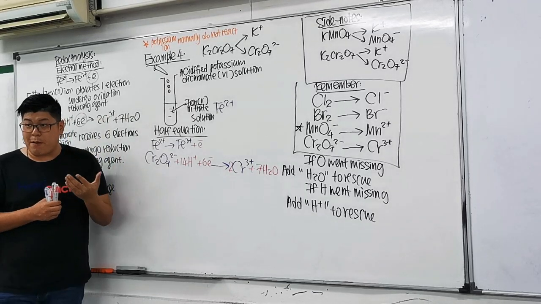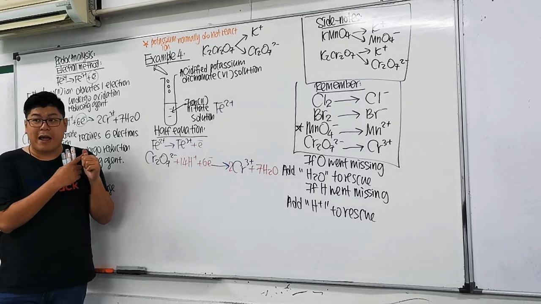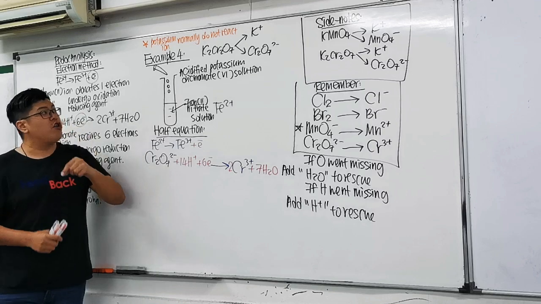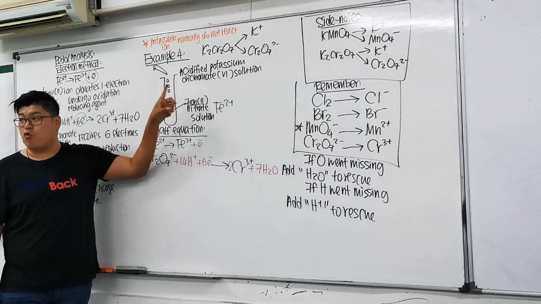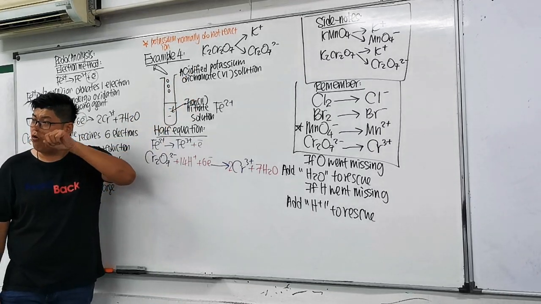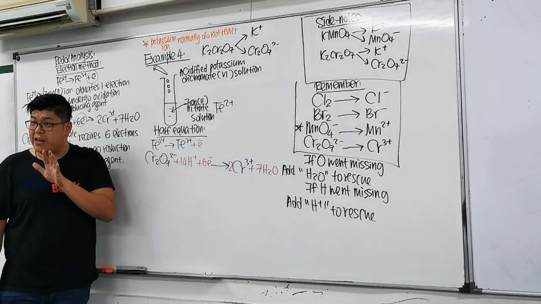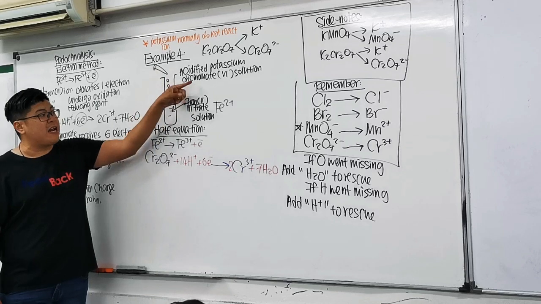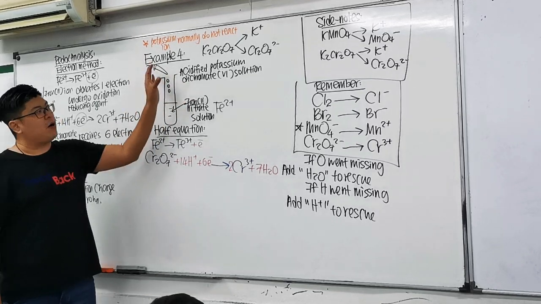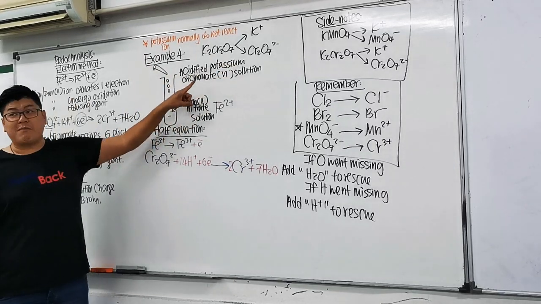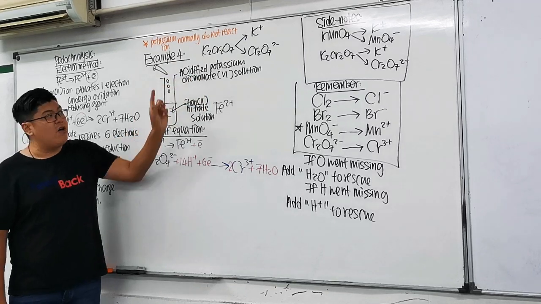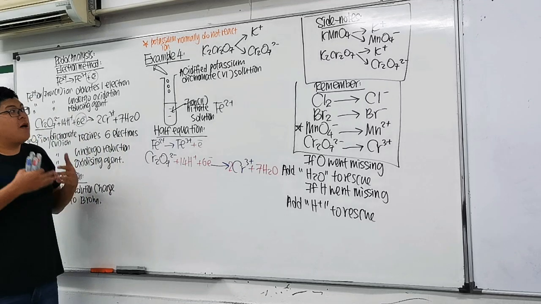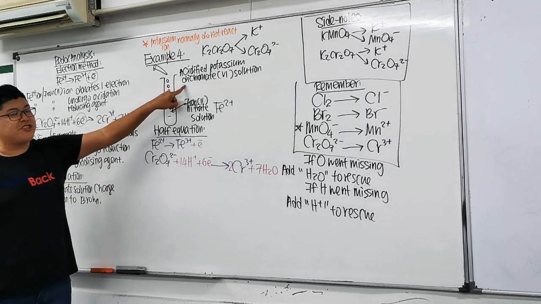In chapter 2, when I use acidified potassium manganate and it reacts with other substances, you will see purple become colorless. When you use acidified potassium dichromate and it reacts, you will see orange become green. Understand? I don't even need the half equation because I know dichromate always changes from orange to green.